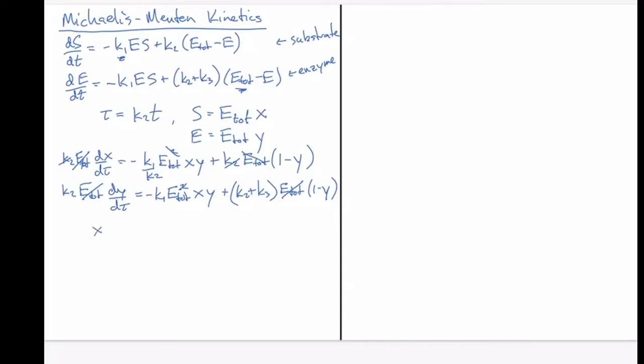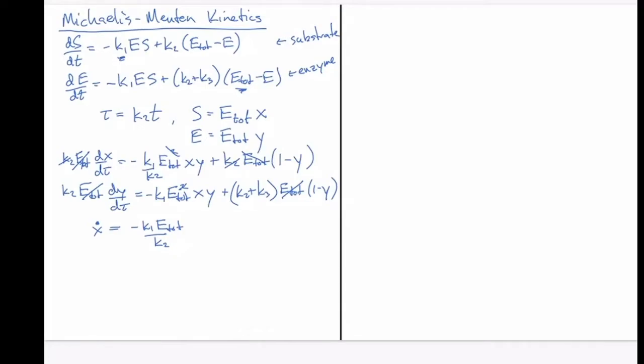Okay, so now I'm going to get x dot, replacing the d/d tau by a dot, equal to minus K1 e-tote divided by K2. And you'll notice this is a non-dimensional quantity because K1 had units of 1 over time, 1 over concentration, and K2 has units of 1 over time.